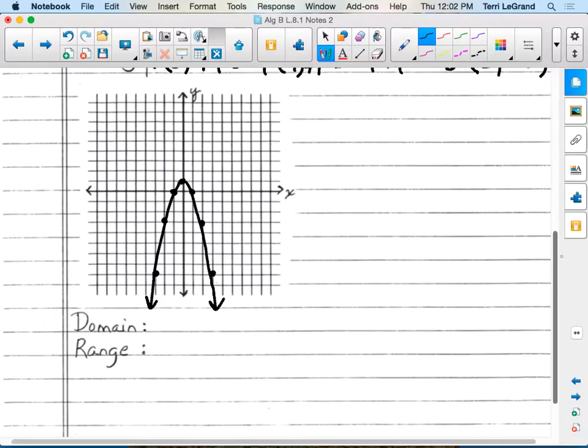This is what you're doing for your homework. State the domain, state the range. Check it out with somebody else, see if you guys agree. Your domain and your range.